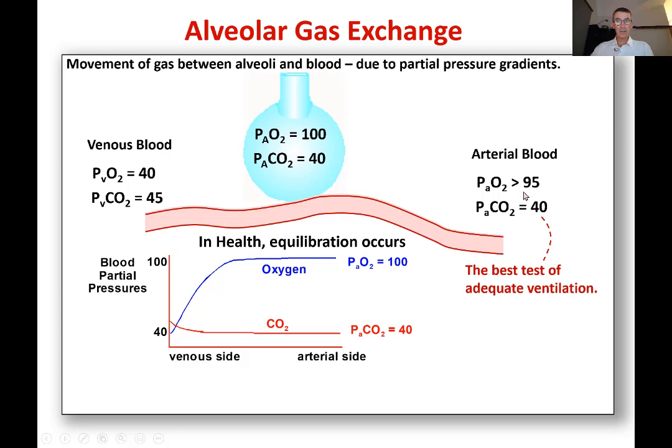So if you take an arterial blood gas from a patient and you see that the CO2 pressure is about 40, maybe between 37 and 43, then you know that that patient is ventilating adequately.